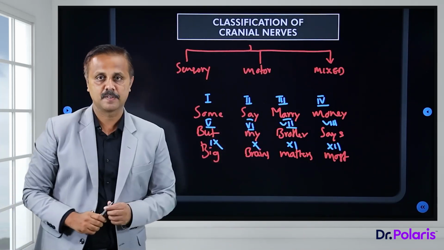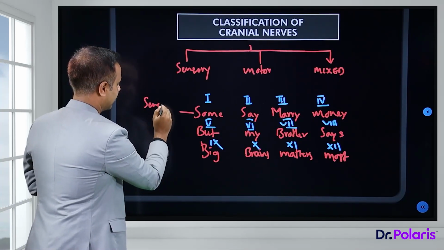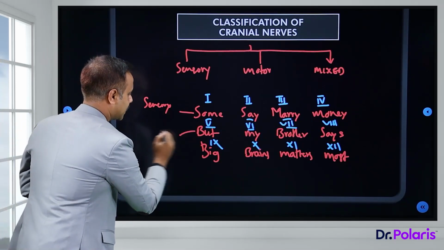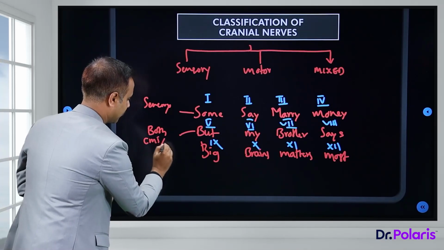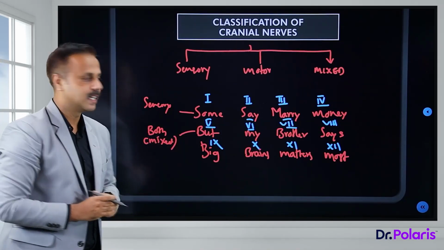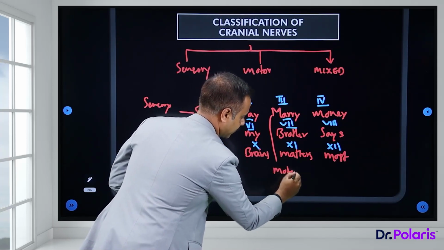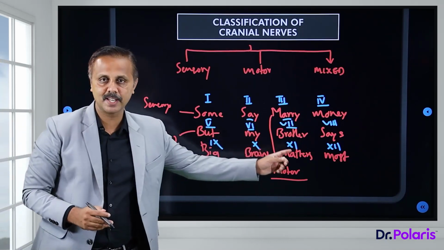Now, how to remember now? Remember, S stands for sensory. Right? B stands for both, which means it is a mixed nerve. Right? And M stands for motor nerve.